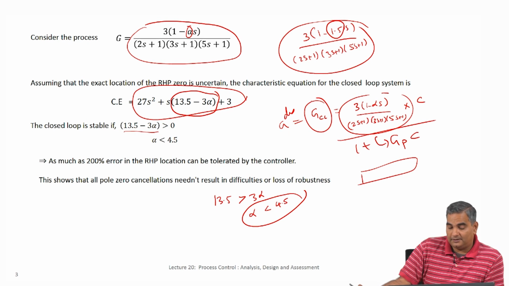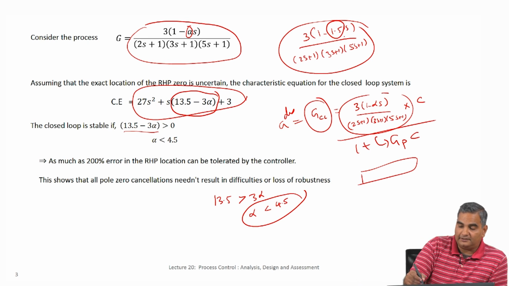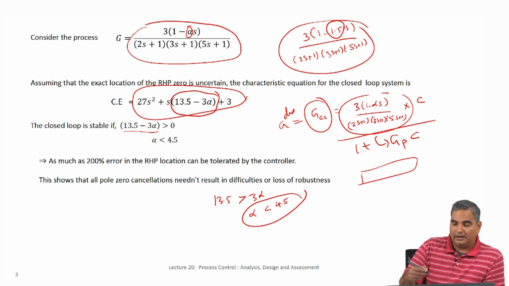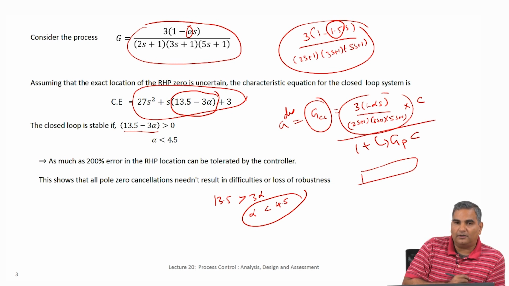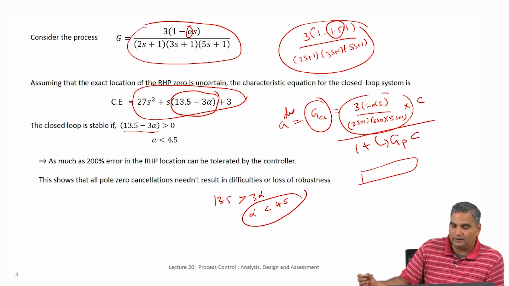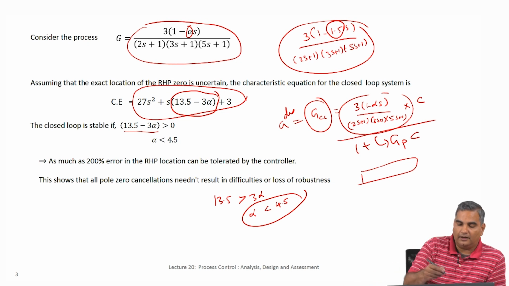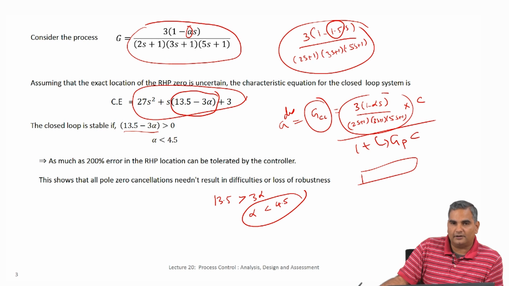So, what this basically says is, if this were 4.5 and I still guess this to be 1.5, I will still be stable. So, there is a tremendous amount of error that I can actually accommodate in the identification of the location of the RHP zero.